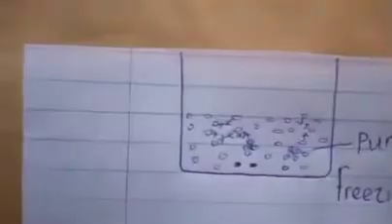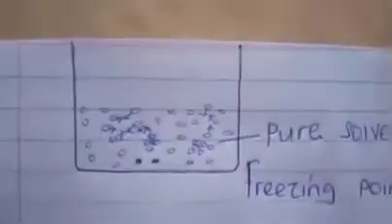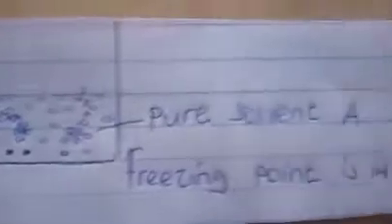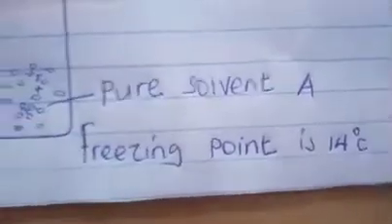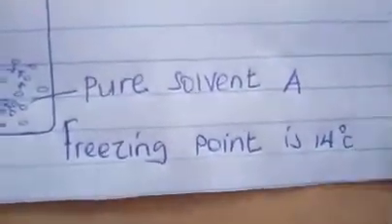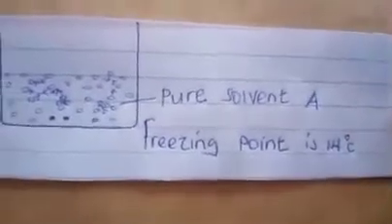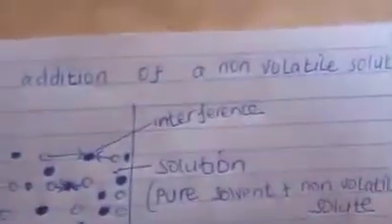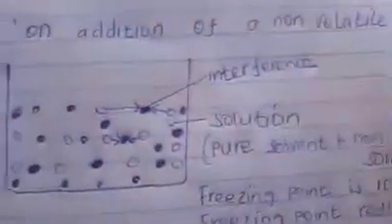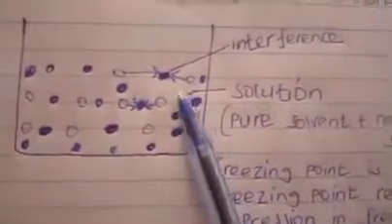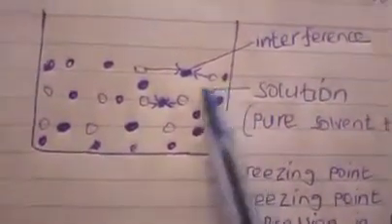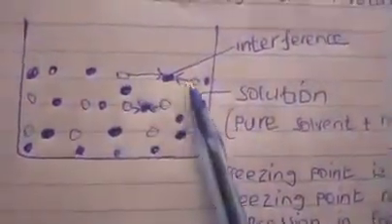Consider container A, containing pure solvent A. The freezing point is 14 degrees Celsius. And on addition of a non-volatile solute, these non-volatile solutes prevent the solvent molecules from coming closer.